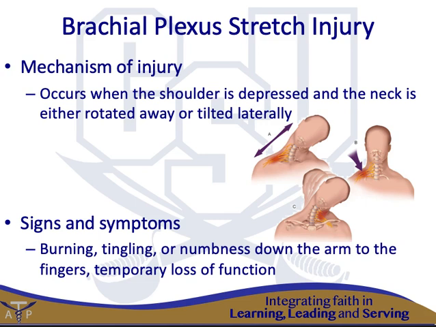This is a one-sided injury where we only have numbness and tingling on one side of the body. Now, if we do have numbness and tingling down both sides of the body, this could indicate a further injury of the head, neck, or spine.